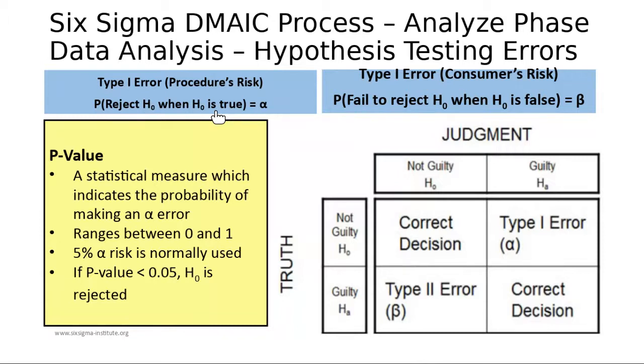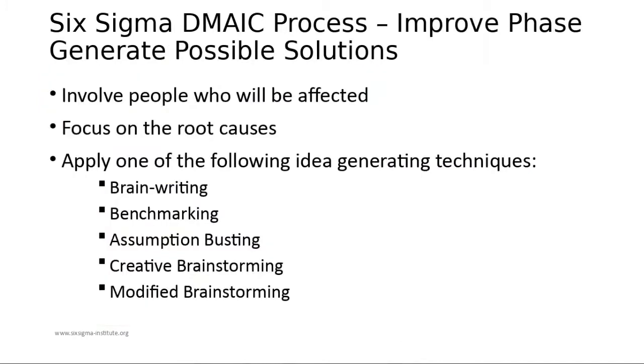And when you fail to reject H naught when H naught is false, that is the type 2 error. It has to be corrected, so I will correct this slide so there is no confusion when you conduct the analysis. Anyway, that will also be discussed in a future chapter with examples. This is only one of the tools used in the analyze phase.